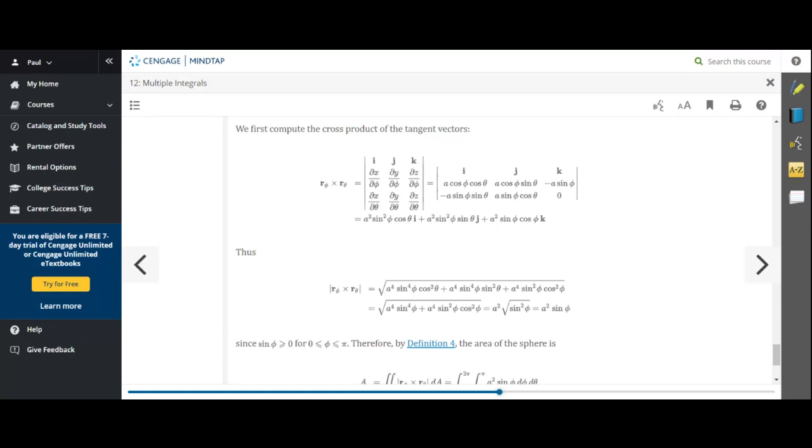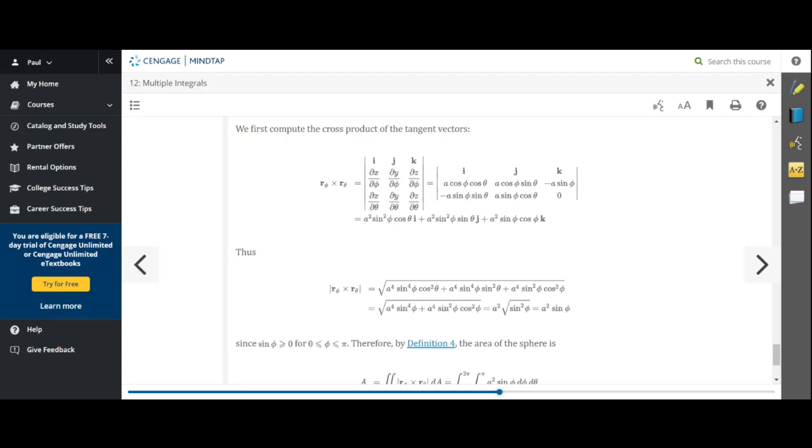Well, the first two terms, because sine squared plus cosine squared equals 1, are going to be equal to a to the fourth times sine to the fourth of phi times 1. And that's how you get the a to the fourth times sine to the fourth of phi. And then the third term there is just there under the square root.